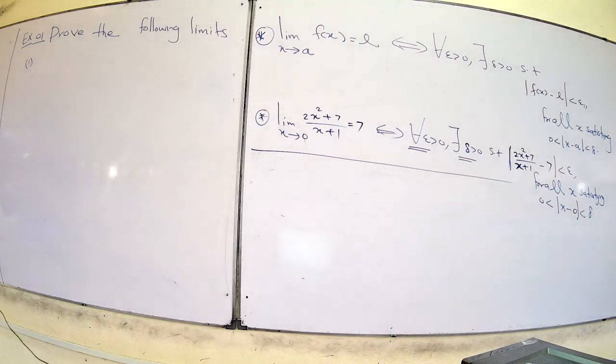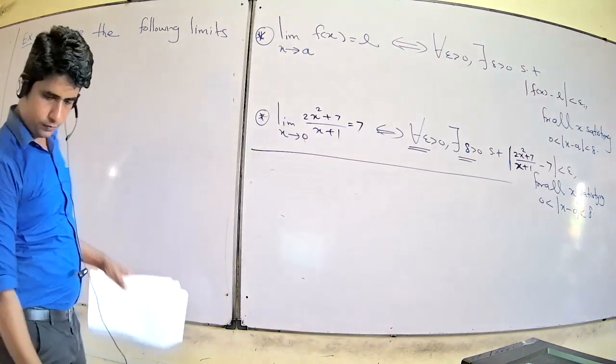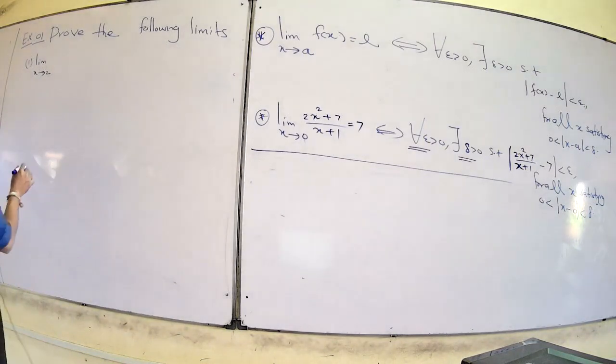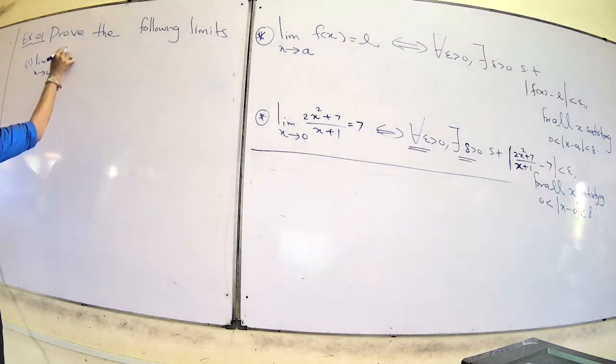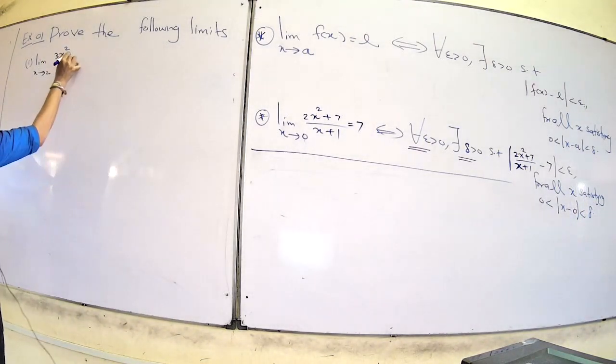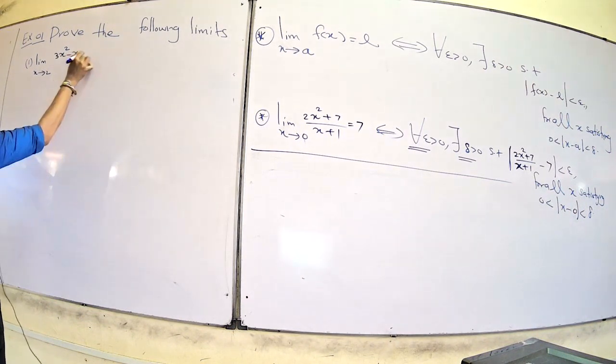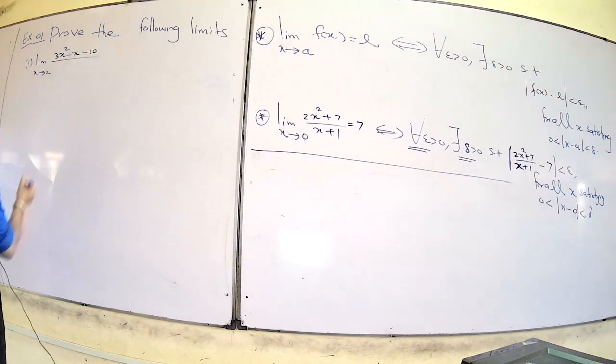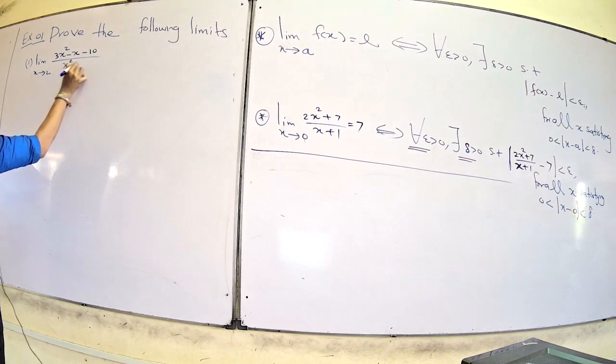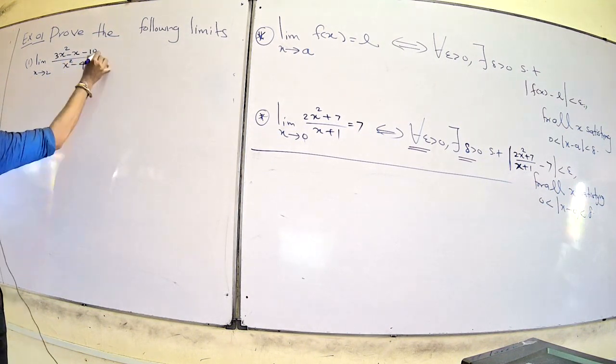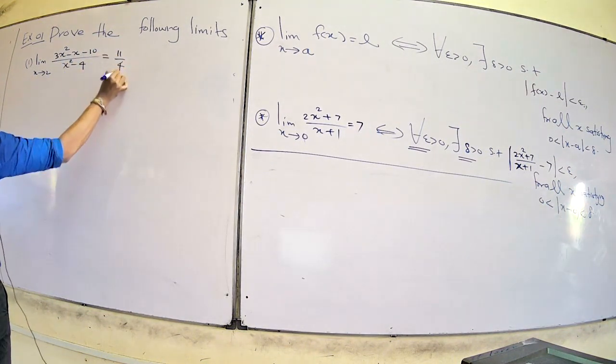Next question is: limit of x tends to 2 of (3x squared minus x minus 10) over (x squared minus 4). This one is 11 over 4.